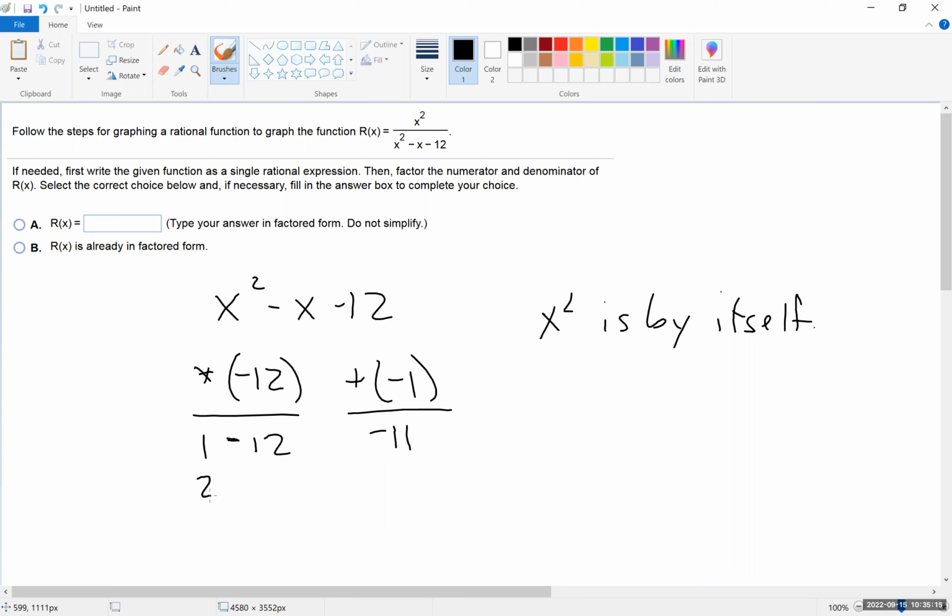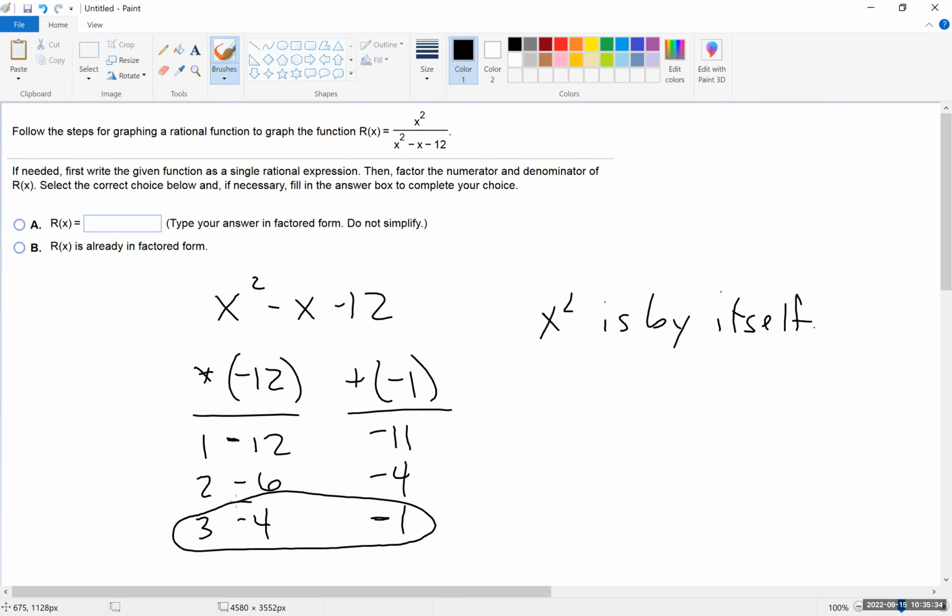So let's try 2 and negative 6. 2 times negative 6 is negative 12. 2 minus 6 is negative 4. And then we have 3 and negative 4. 3 minus 4 is negative 1. That is our pair of numbers.